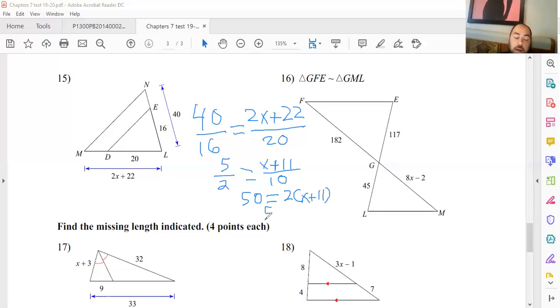So this is then going to give me 50 equals 2x plus 22. Subtract 22 from both sides. We get 28 equals 2x, or x equals 14.